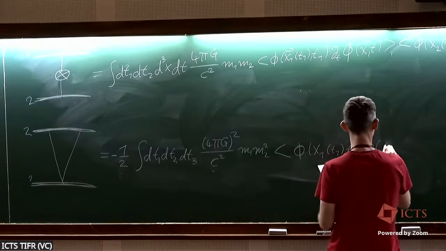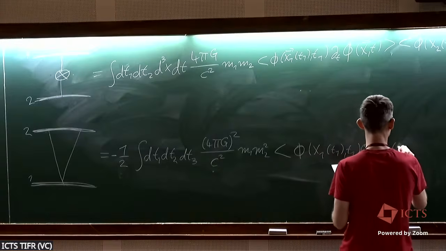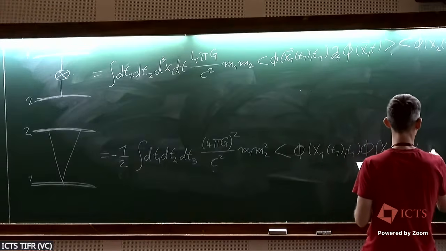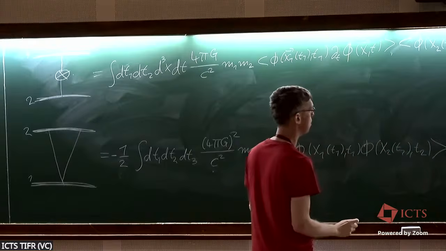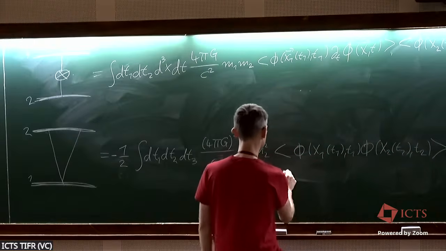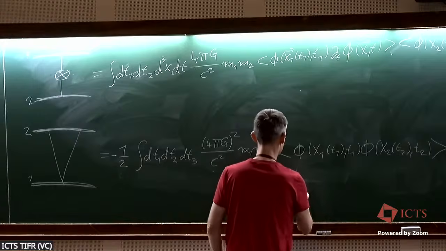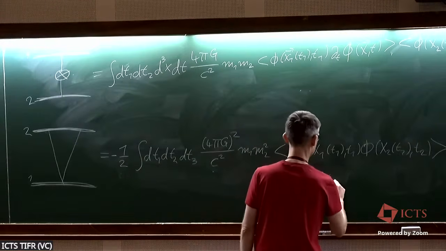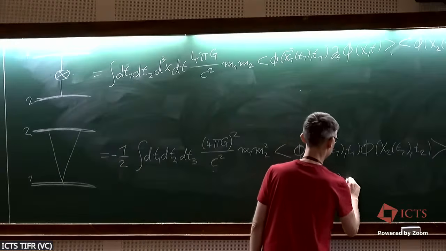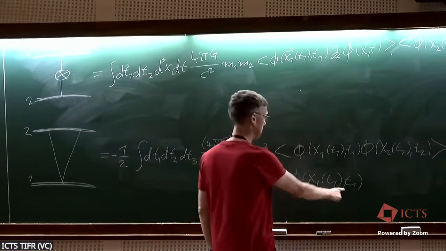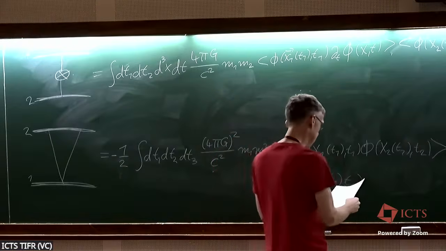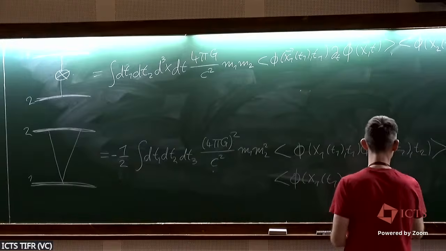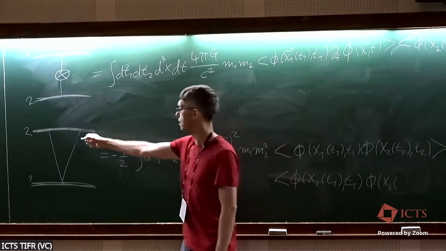So the first term is quite easy. That's this. However, the second one we have to be a little careful with. We again have worldline 1 as the first term, a field evaluated at worldline 1, and the other field evaluated at worldline 2, but it's another vertex.